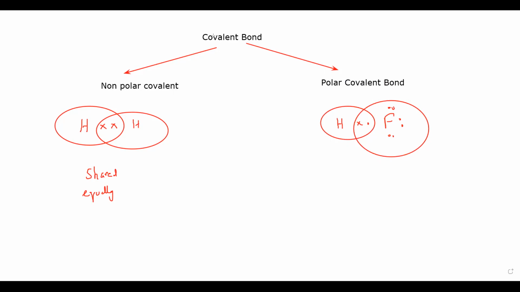So the electron pair which is shared between the two atoms is shifted more towards fluorine. On the side of fluorine, this shared pair is more. So it creates a partial negative and a partial positive, poles of positive and negative. That's why this type of bond, in which the bonded pair is slightly shifted toward one of the atoms, we call a polar covalent bond.